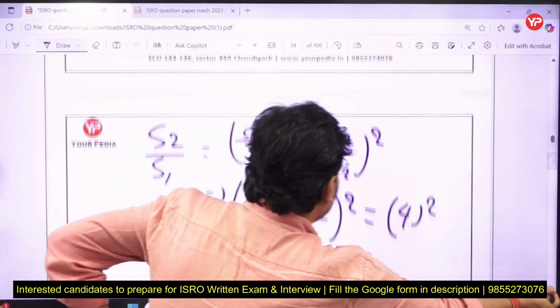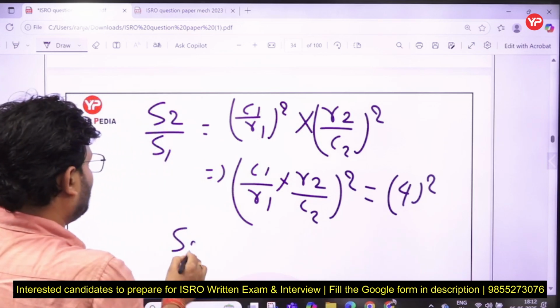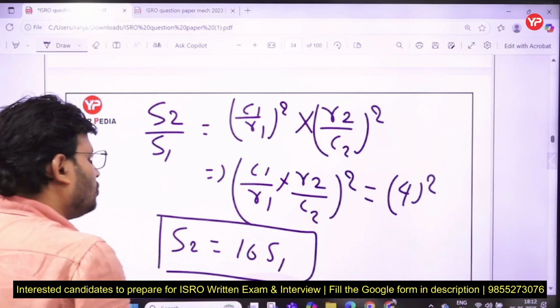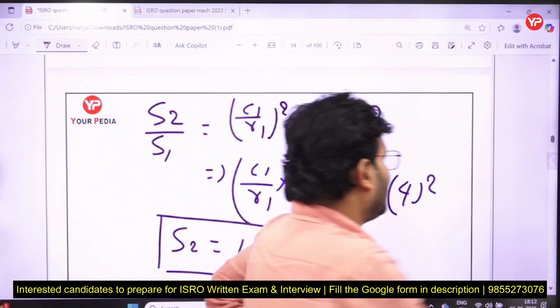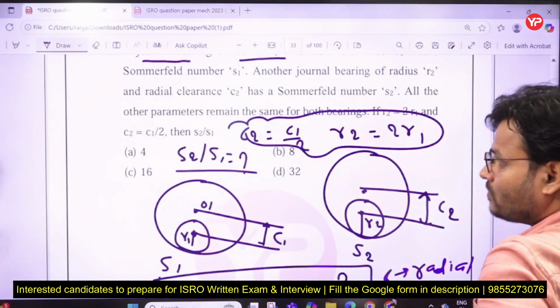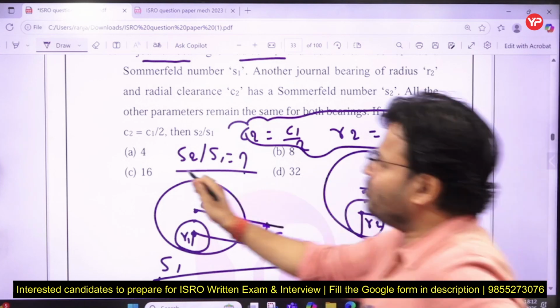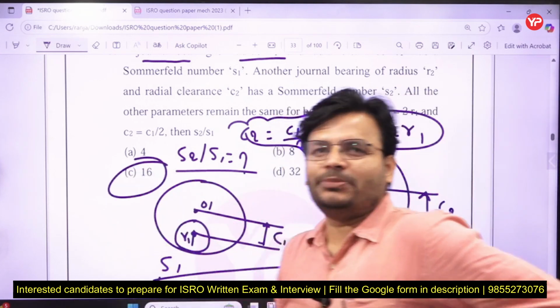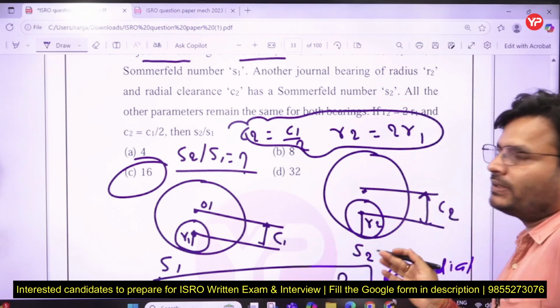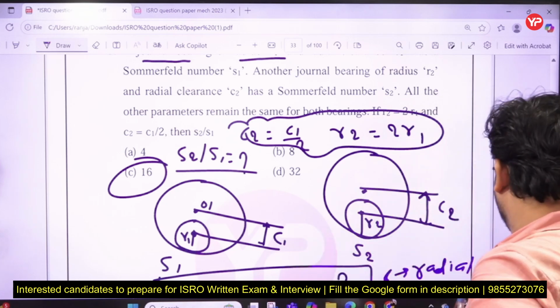So S2 equals 16 times S1. The correct answer is 16. You just have to calculate the ratio.